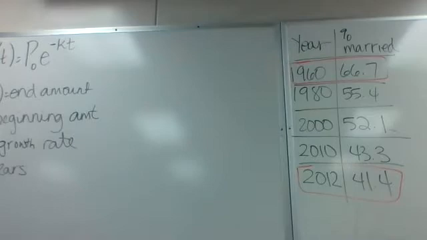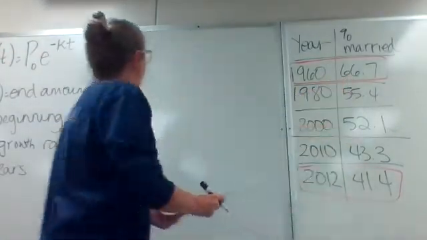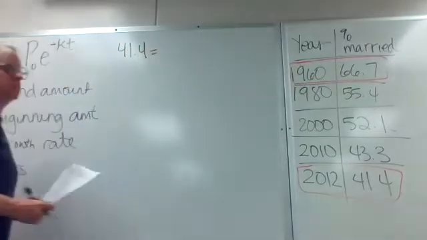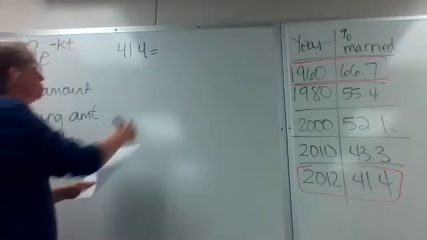What's the ending amount of the percent of adults married? 41.4, right? That's the end amount. That's the beginning amount. So 41.4. The beginning amount, 66.7.